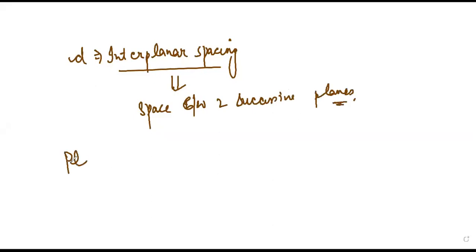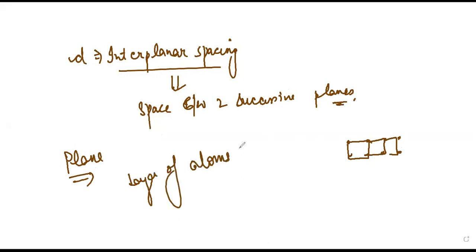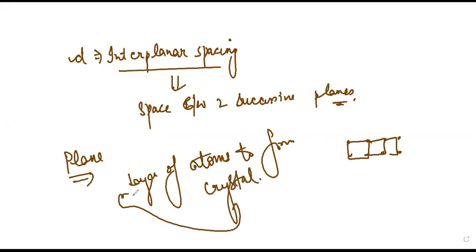And what is a plane here? We have these few atoms. When these atoms are connected together, forming a layer of atoms to form a crystal, that is basically known as your plane.